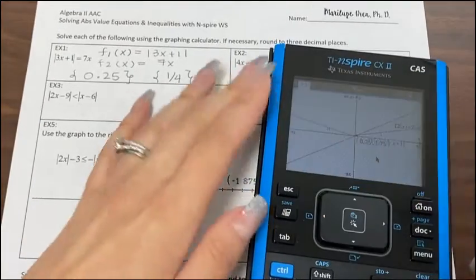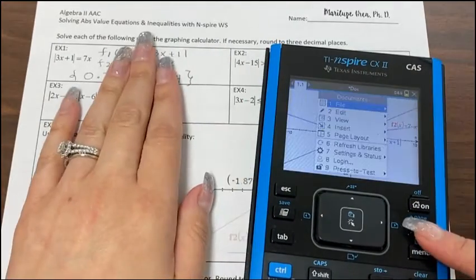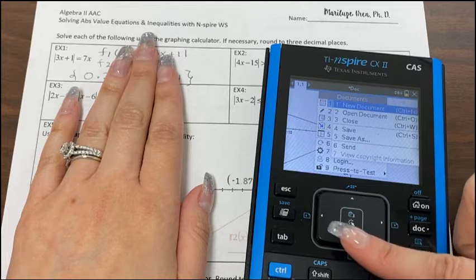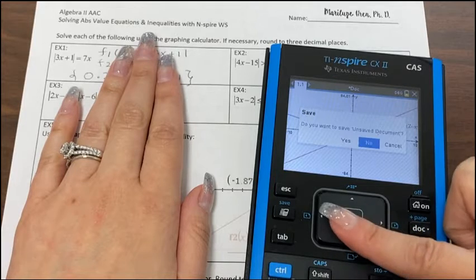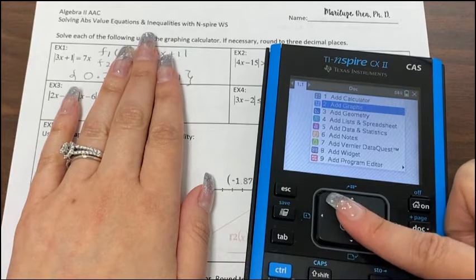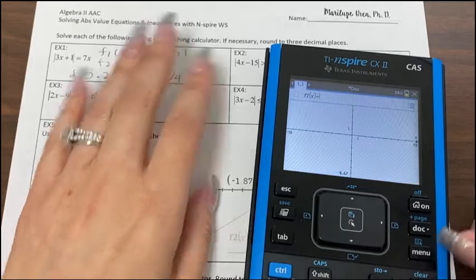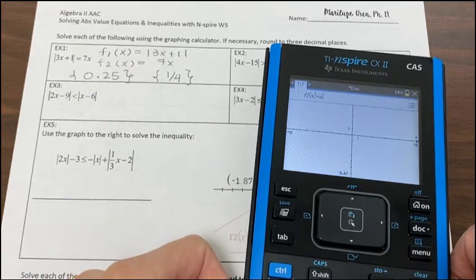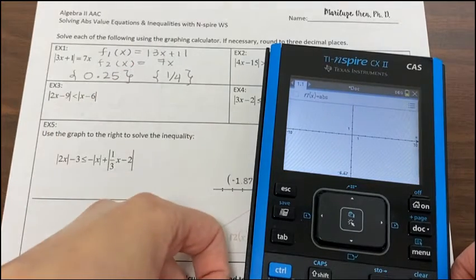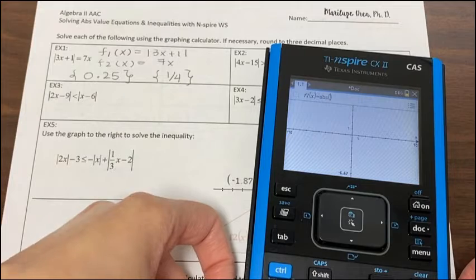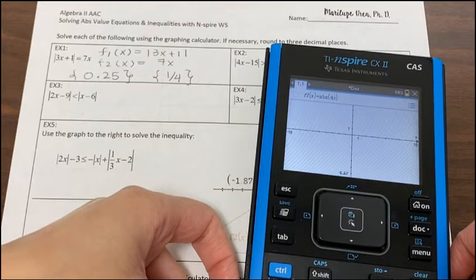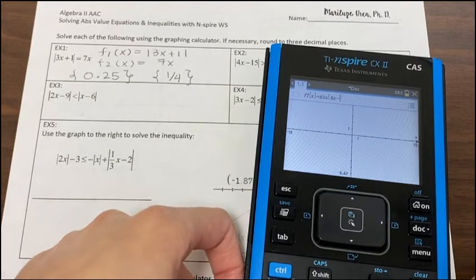Now that we have this, I'm going to use my calculator again. I go to doc, file, new. You don't want to save because you want to start from scratch. Add graphs. In adding graphs, you know that this one is going to be the absolute value, and inside the absolute value you have 4x minus 15.